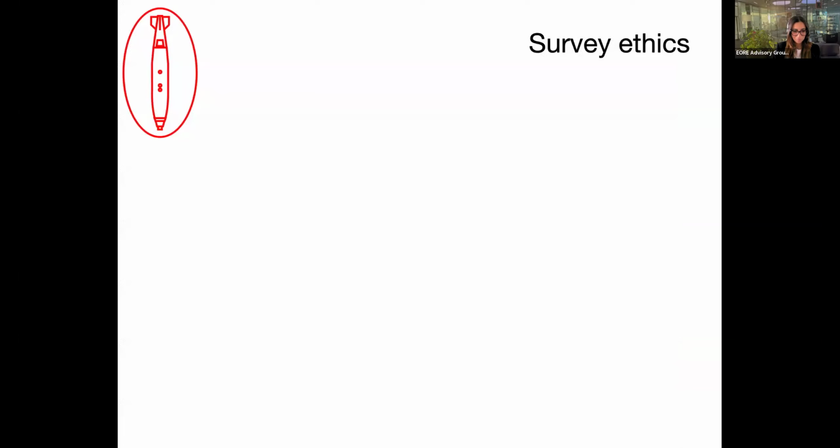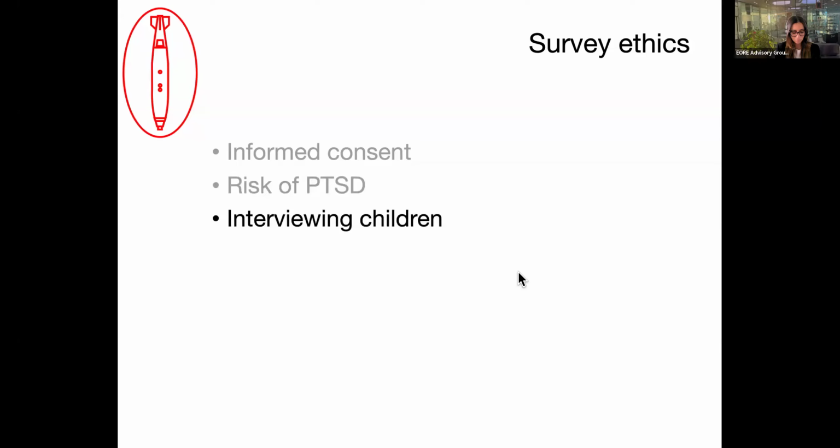Now, there are some survey ethics questions here. We need informed consent, the same as you would when you're interviewing anybody. There is also a risk of post-traumatic stress disorder, particularly with the casualties, and we do need to train our data gatherers in this so that they can recognize it and know what to do about it.